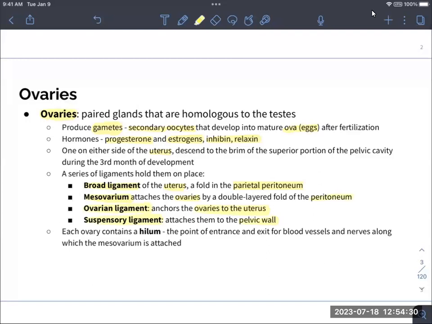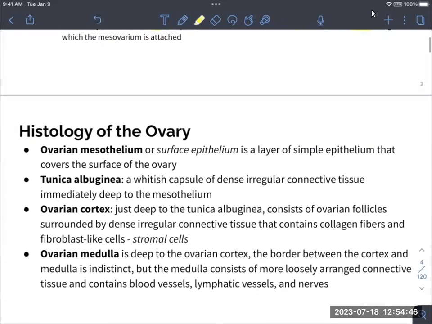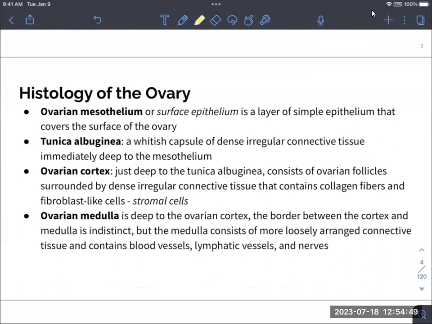Just like the kidneys had a hilum, the ovaries also have a hilum because we need blood vessels, nerves to enter and exit these ovaries. So histologically, these ovaries contain this ovarian mesothelium.